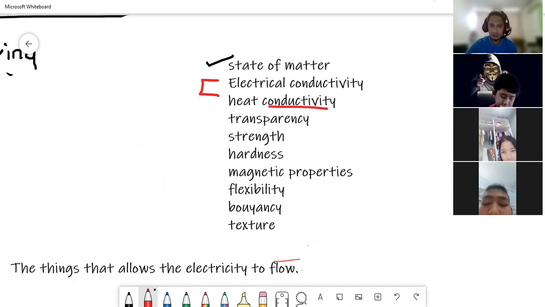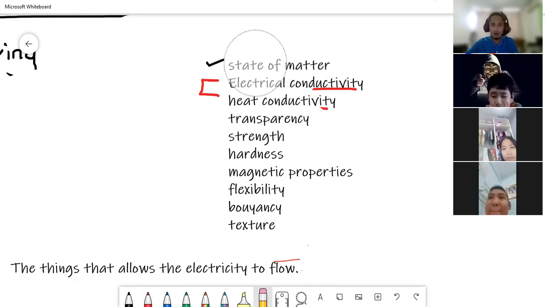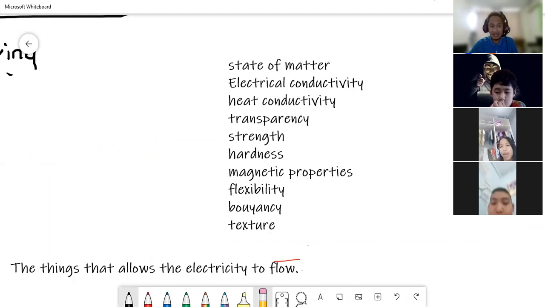Heat conductivity means there are things that the heat, the hotness, the heat energy will flow through. For example, Lamon is baking cupcakes.